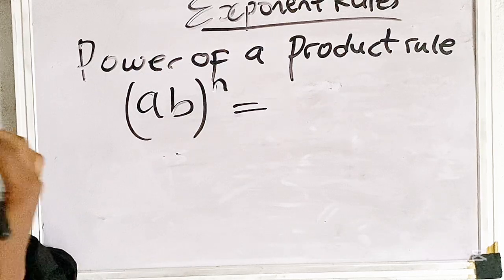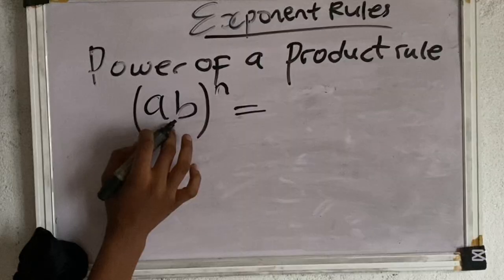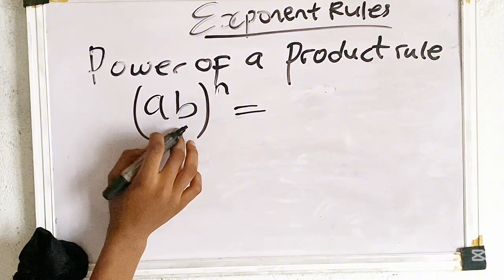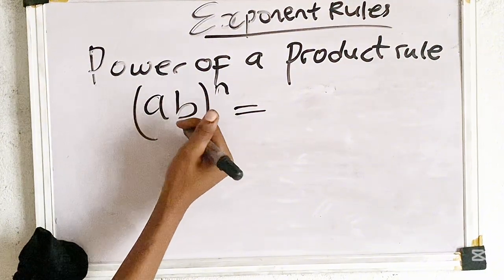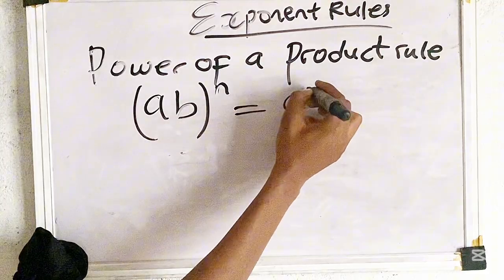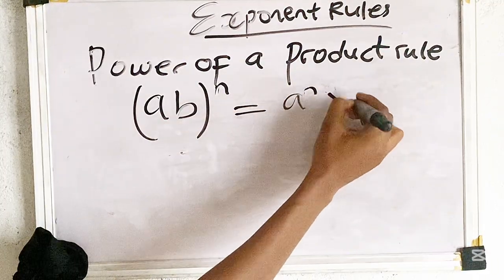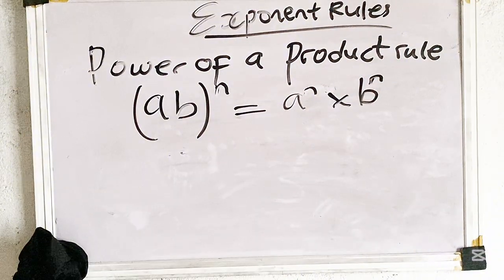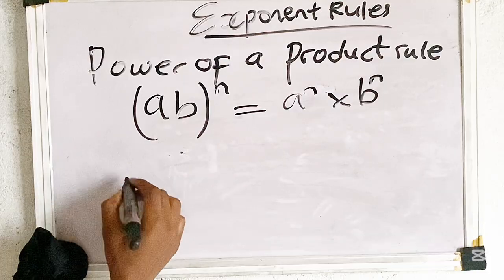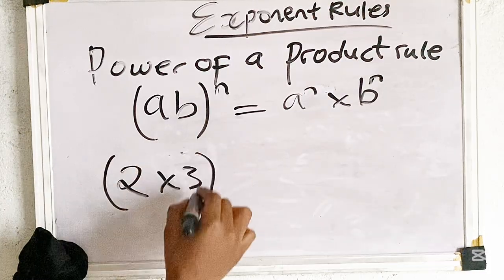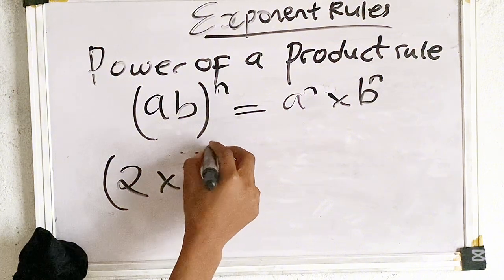The next rule is the power of a product rule. When raising a product to a power, raise each factor to that power, like this: a times b raised to the power of n. So for example, we have something like 2 times 3 raised to the power of, let's say, 2.